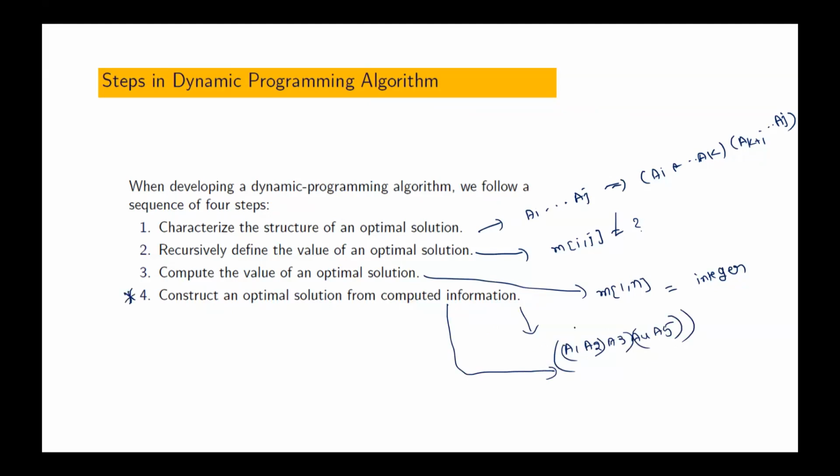We know that the number of multiplications required is, say, 3000. So what is the order in which we need to multiply to get the minimum number of multiplications? For that, we construct the optimal solution from computed information. Here we calculated 3000; based on that, we should be able to print this order. Is that okay?